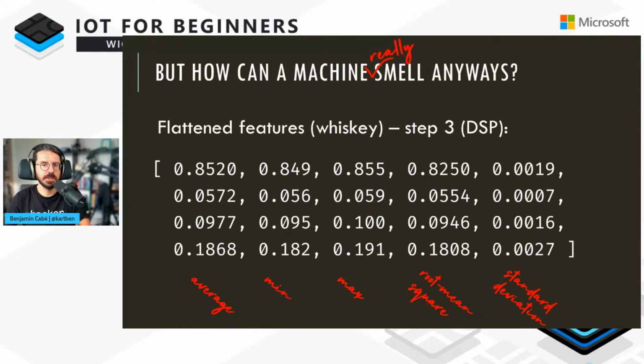If the standard deviation is really close to zero, then it means that the smell is fairly steady. If the standard deviation is slightly higher, then it means the smell is maybe more volatile. And so that way we capture interesting information, or at least we capture information that at the end of the day, I realized was enough to effectively train a model.